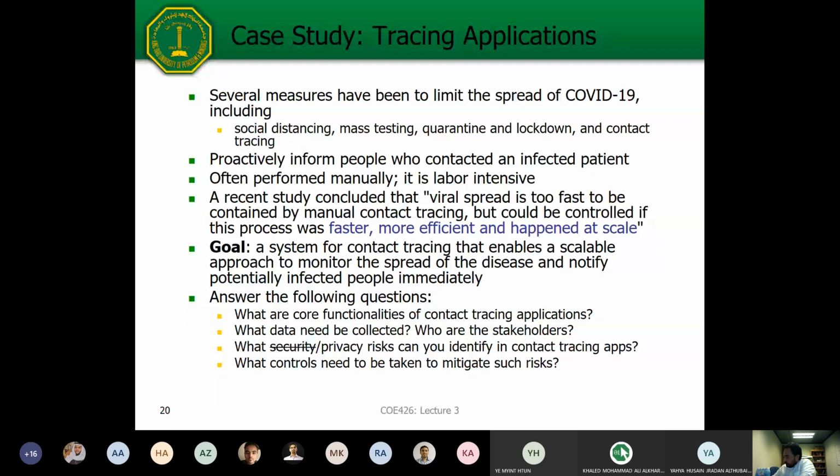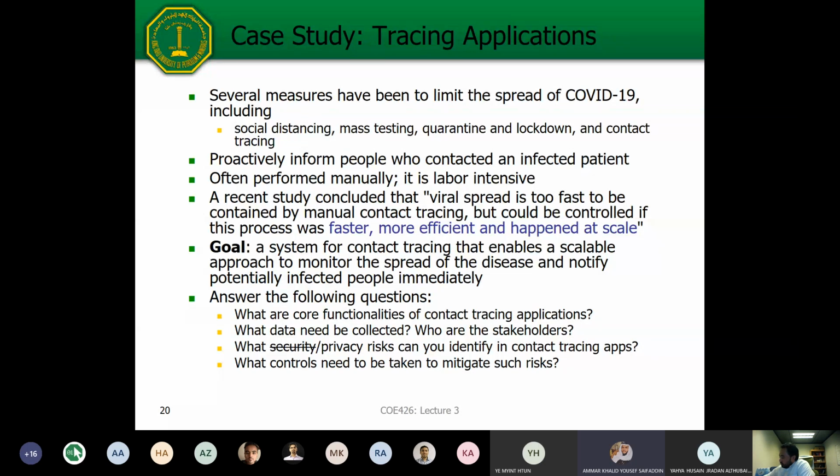Go ahead. For question 1, what are the core functionalities? One, tracing the location of all users. Two, recording occurrences of contacts within a diameter of 2 meters. For question 2, GPS location or Bluetooth, status of the user, and personal identifying information.